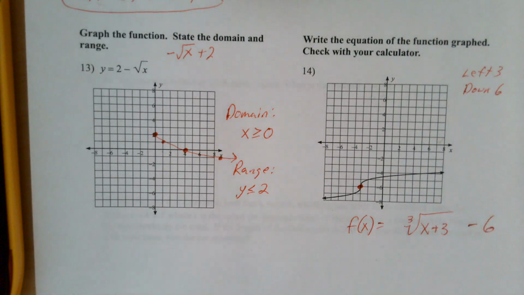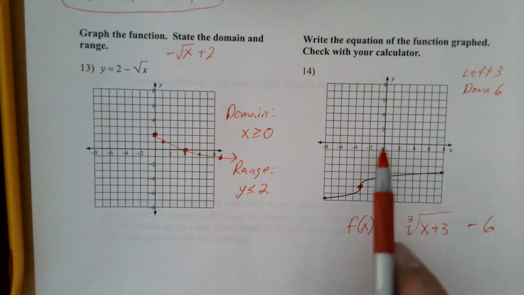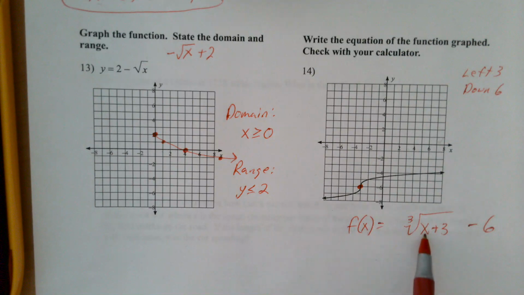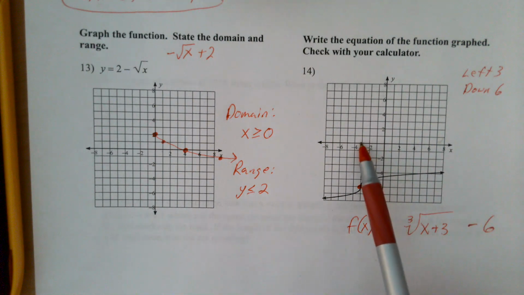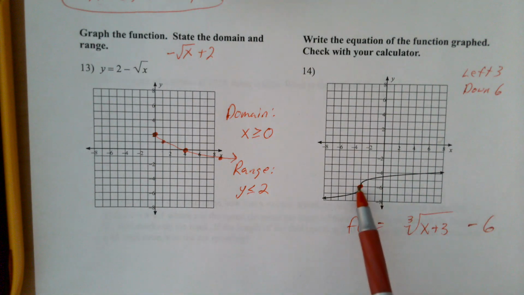And you say, why in the world will we add a 3? Well, now I can plug in a negative 3. If I plugged in a negative 3 for x, negative 3 plus 3 is 0. Cube root of 0 is 0. 0 minus 6 is negative 6. So I have the point negative 3, negative 6 as a critical point in my graph.